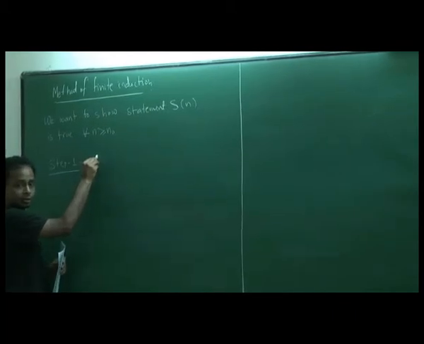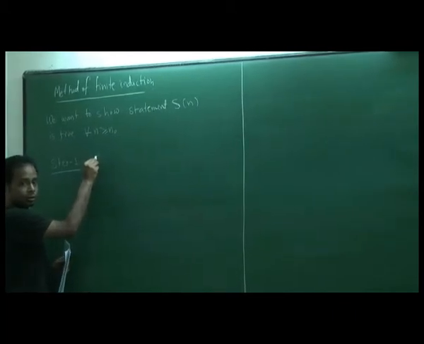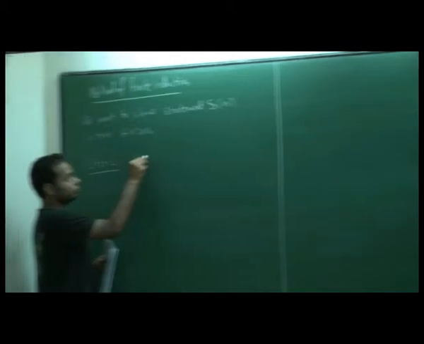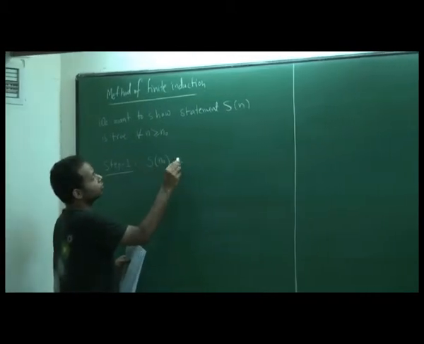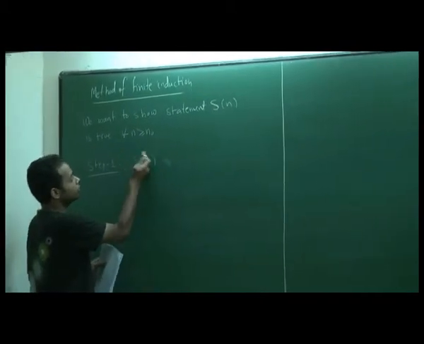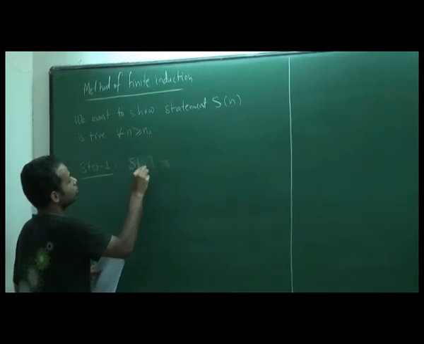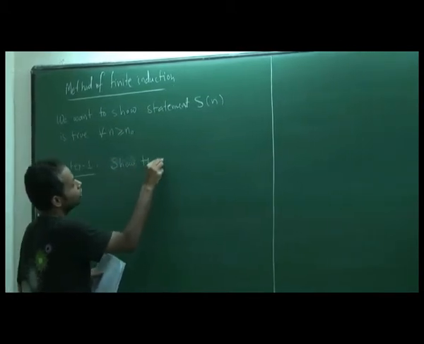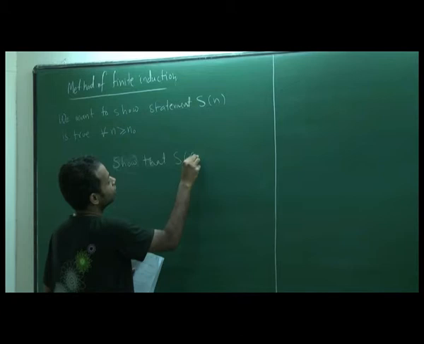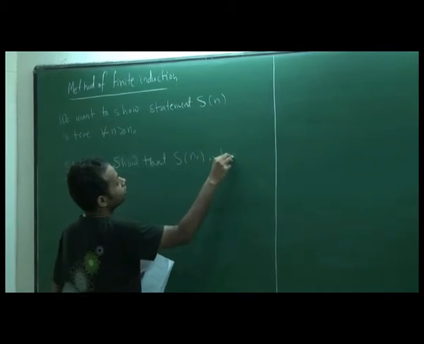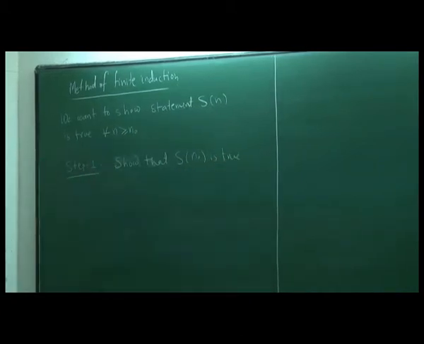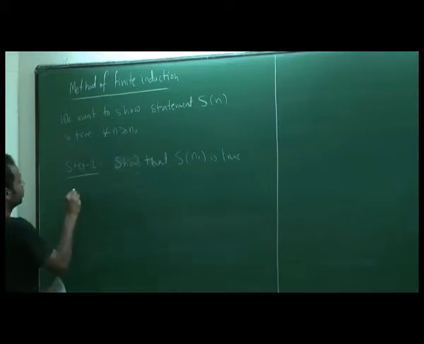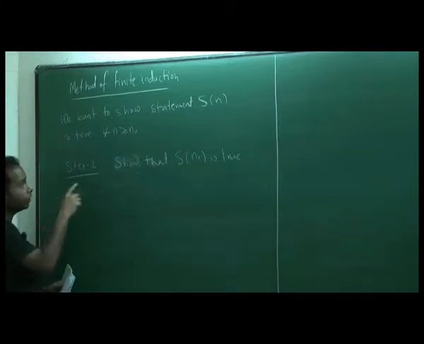So what you want to prove here is that the statement is true for n naught, so that S of n naught is true. Yes? This is the first step.